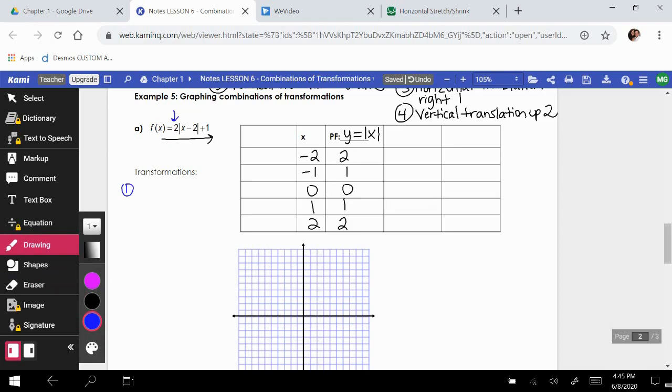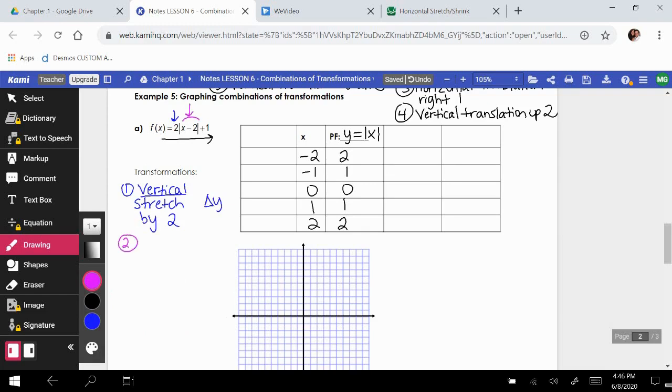So what is my first transformation? What's the 2 represent? That's going to be a vertical stretch by 2. And what's that going to change, x or y? That's going to change your y values because it's vertical. What's my second transformation?